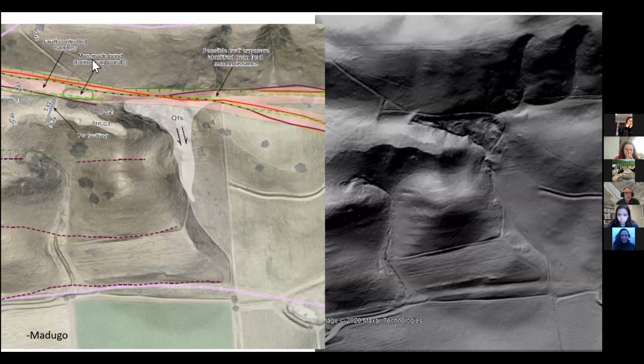But there was some debate, you can see there was a difference of opinion here. The green dashed people had two traces bounding that pond, a sag pond, whereas other geologists, maybe mapping at a little bit of a smaller scale, had just a single trace, the red line, going on the upper side of that sag.